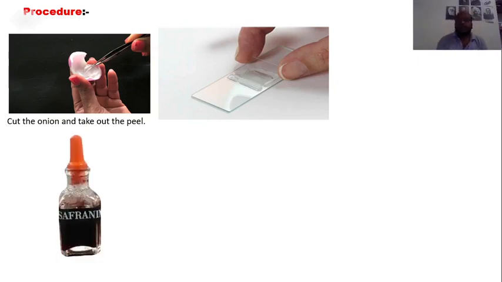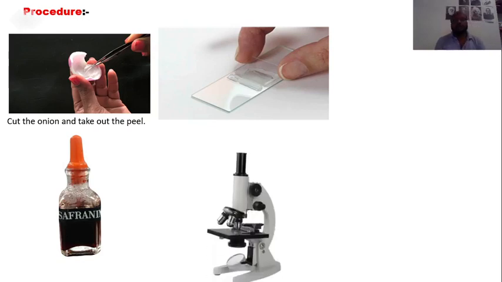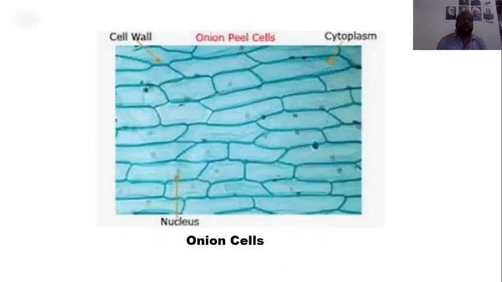You may use safranin and then observe under the microscope. When we observe under the microscope, we will get such a structure. So in the microscopic field, this is the peel which we have mounted on the slide. This is the onion peel.